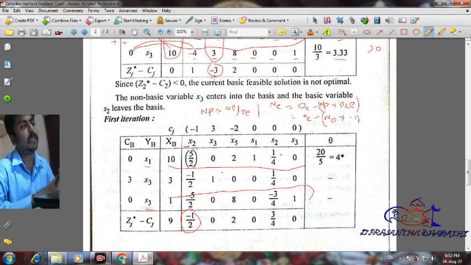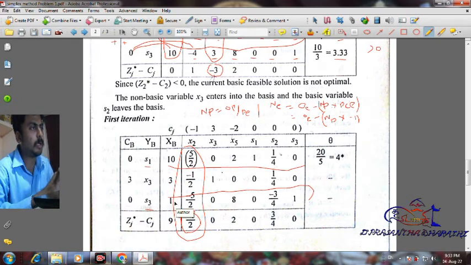So now this column is called the pivot column, and here we are having minus 1 by 2. So 3 divided by minus 1 by 2, and we are having 1 divided by minus 5 by 2.